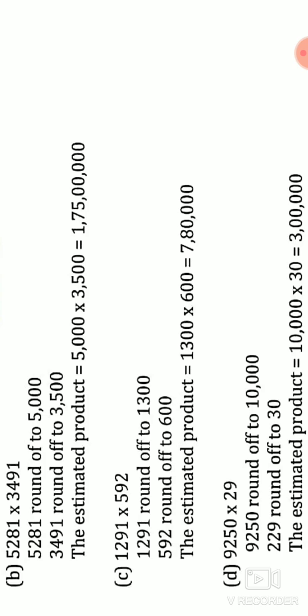So 5,281 rounded off to its nearest 100 value is 5000. Therefore 5281 rounds off to 5000.